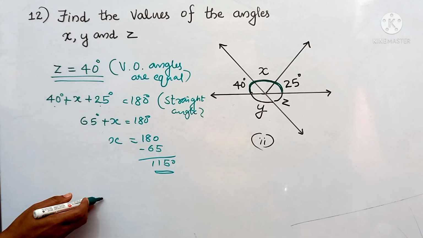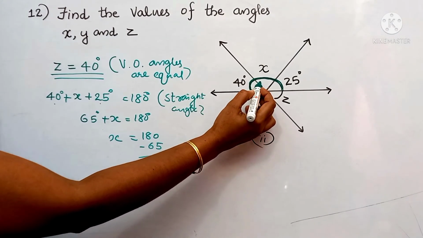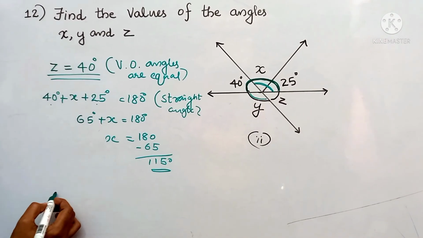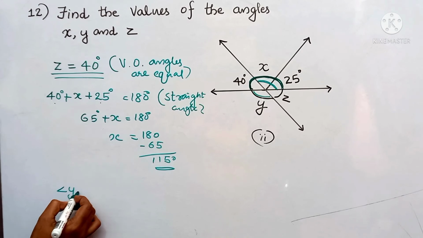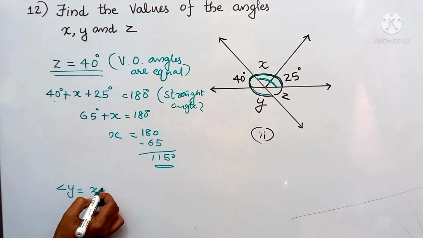Now we have got z is equal to 40 degree and x equal to 115 degree. Next we have to find the value of y. We know this angle y, and these two angles, they are vertically opposite angles. So we can find angle y is equal to x plus 25 degree.